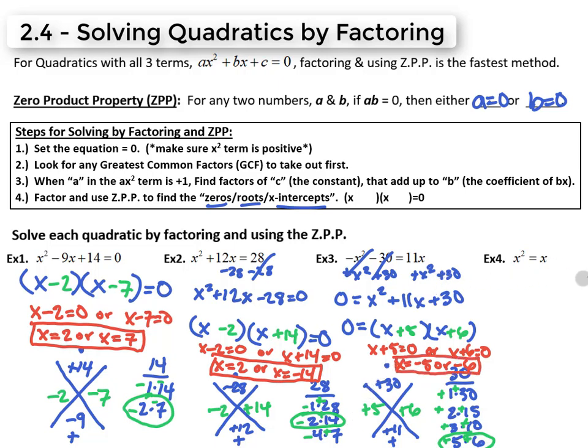All right, one more example in this section. Once again, this is not set equal to 0. So let's go ahead and subtract our x to the other side. So we have x squared minus x equals 0. Now here again, remember the first thing we're always looking for, and I did kind of skip over that a little bit in our previous examples, is the greatest common factor.